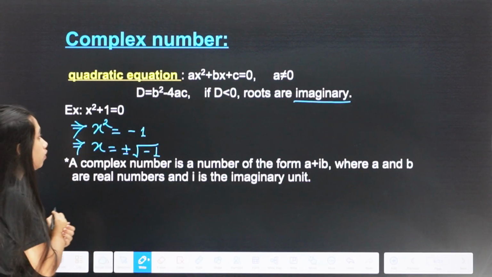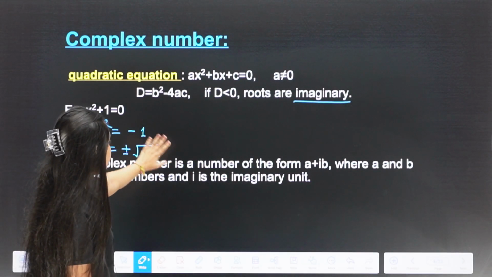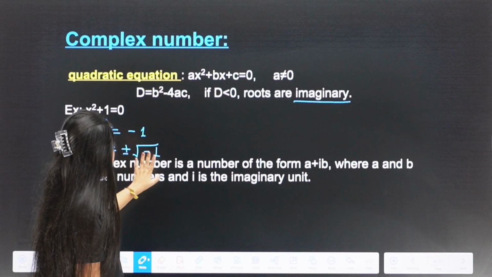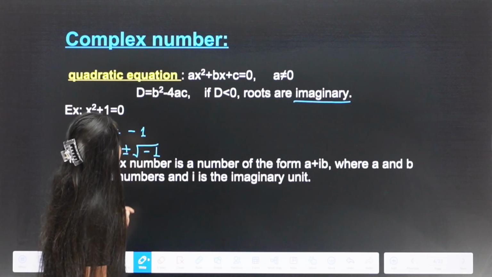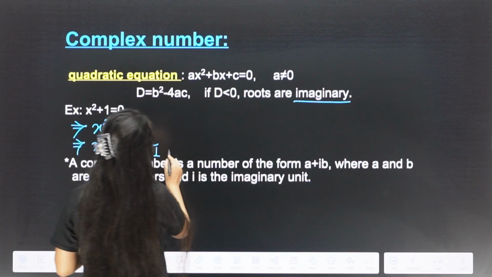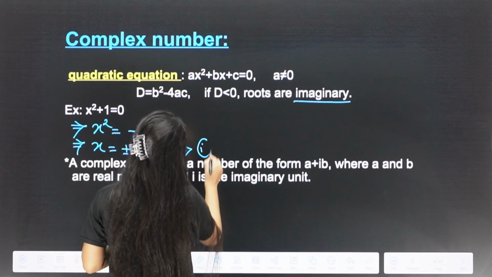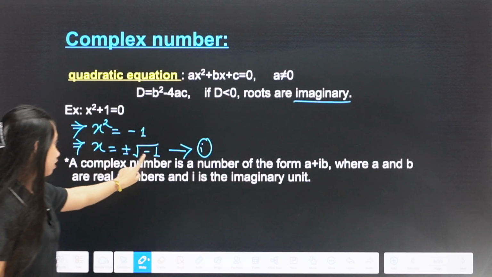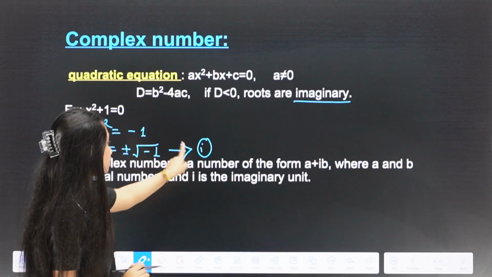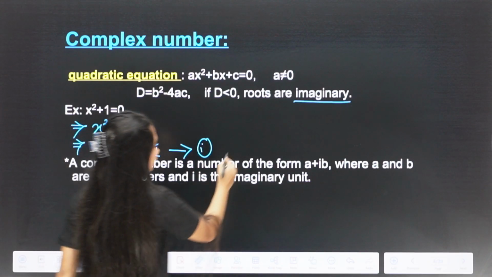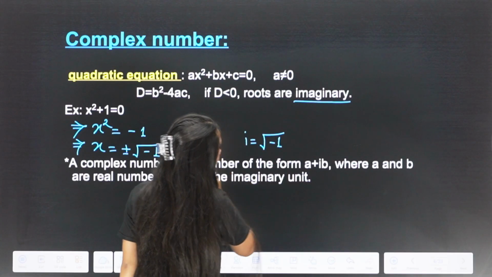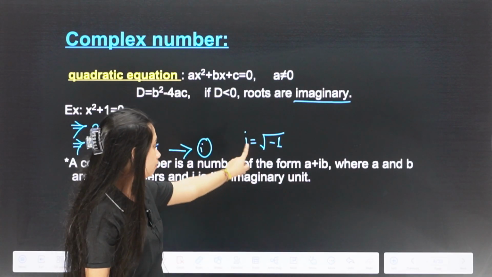And we know that the root can be negative under the root, so we denote this root minus 1 by i, and this root minus 1 is called the imaginary unit. That is, i is called the imaginary unit, i equal to root minus 1.